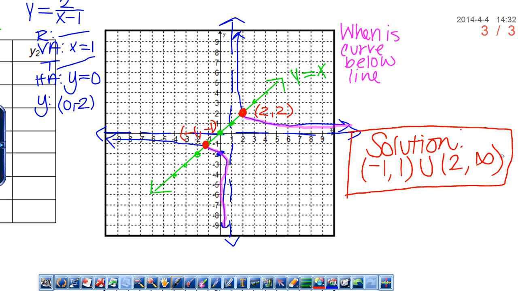The solution that we're writing here are the x values that are represented in the part that we highlighted. And the part that we highlighted is anywhere that the curve is below the line. So it's not every x value of the graph, it's just the x values of the part we highlighted. Is that kind of what you're asking? Okay.